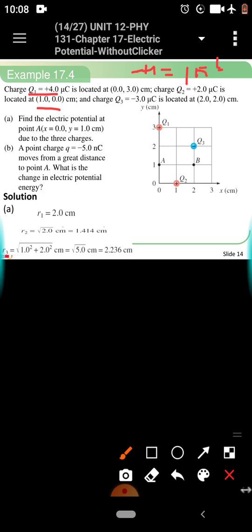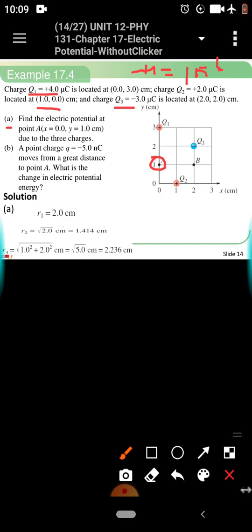So the charge 3, Q3, and so on. In A they say find the electric potential. The point is at 0, 0. So they want us to find the electric potential at A.